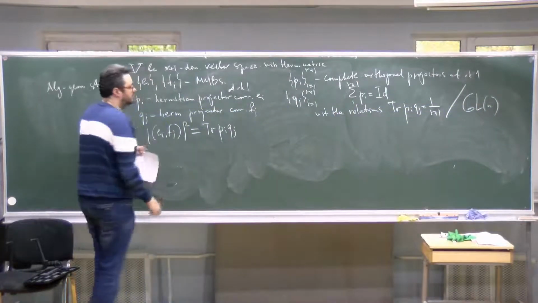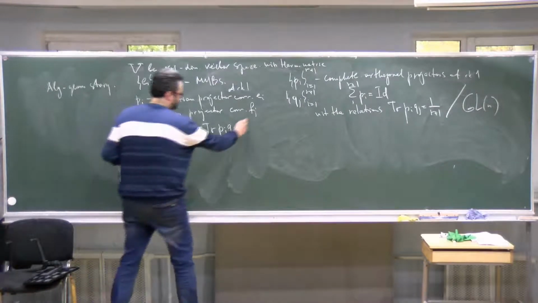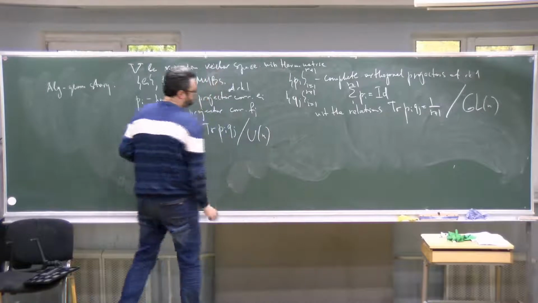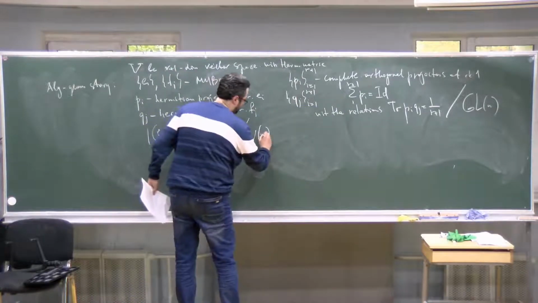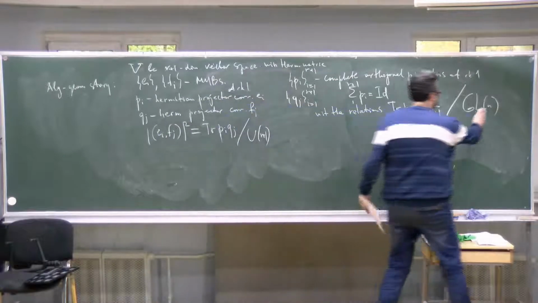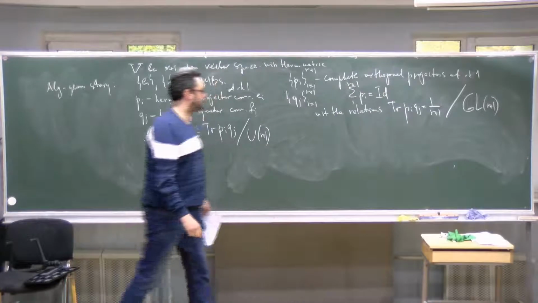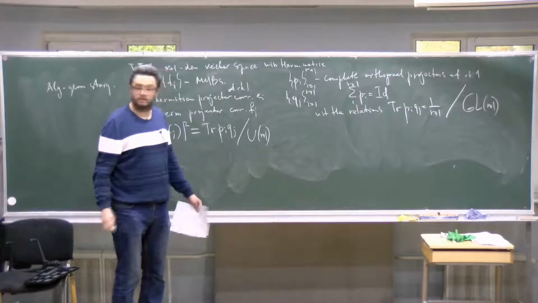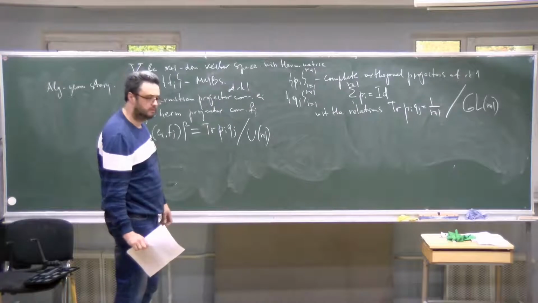In the quantum situation we classify it up to the unitary group, and in this case, oh sorry, R+1. Why do we have the unitary group on the left and the general linear group on the right?